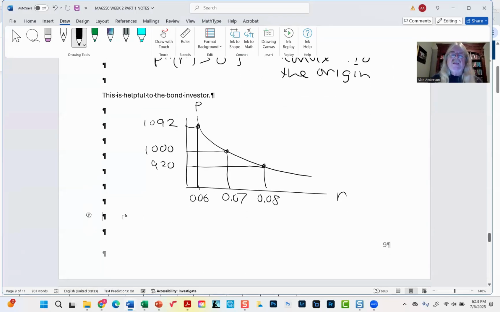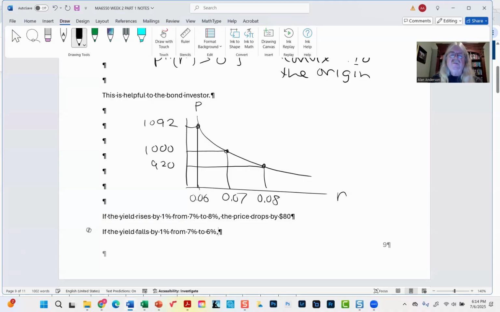So if the yield rises by 1% from 7% to 8%, the price drops by $80. But if the yield falls by 1% from 7 to 6, the price rises by $92.